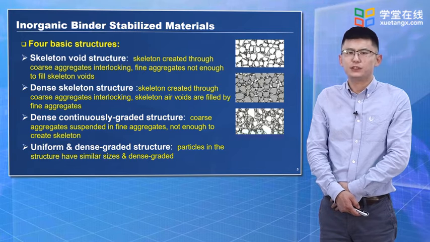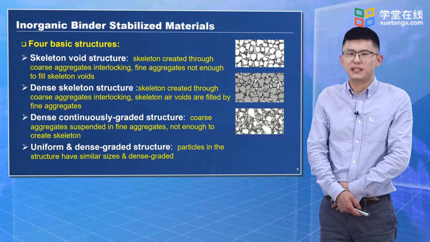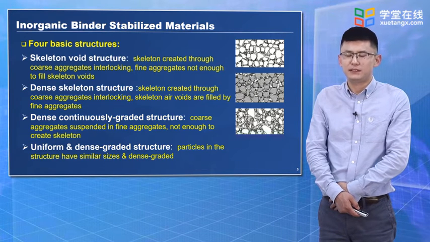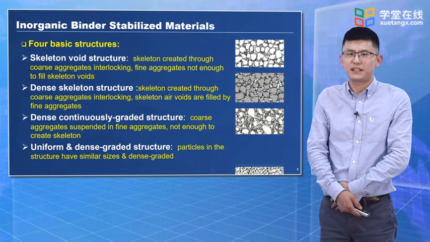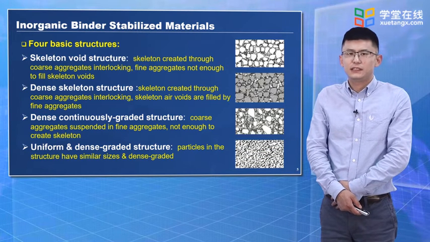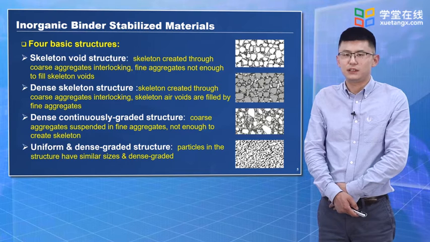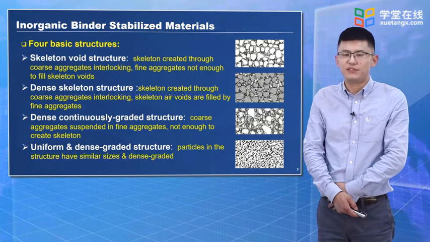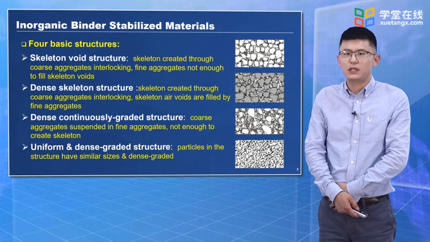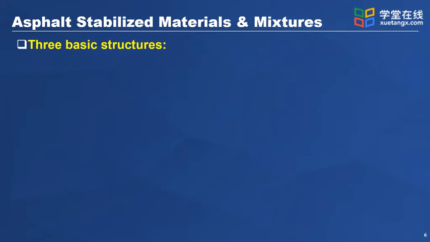That is, particles in the structure have similar sizes, or dense graded, like this. Generally, the uniform and dense graded structure is not as widely used as the previous 3, but we also have the application scenarios.